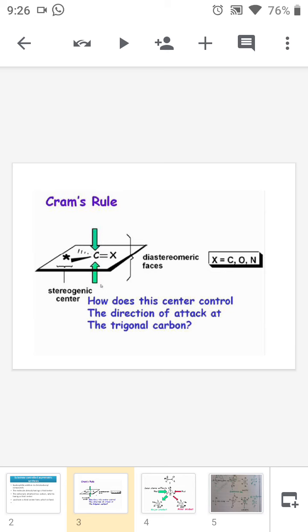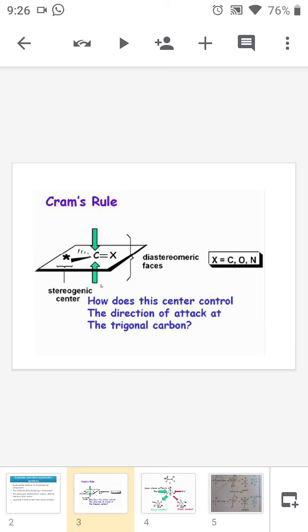Then we represent our starting material in Newman projection formula. Then the nucleophilic addition occurs at the carbonyl carbon, and the attack must be at an angle of 109 degrees.